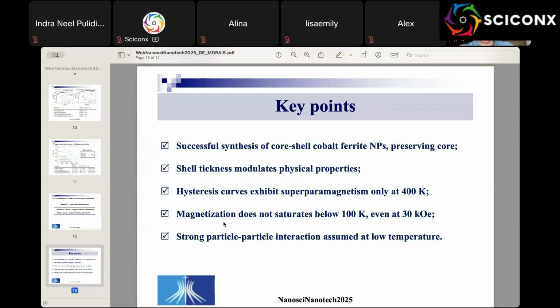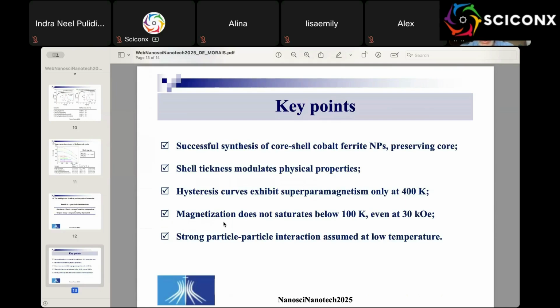However, at 400K, all the samples present superparamagnetism, which is very important for applications that take place at temperatures near 400K, like, for instance, magnetic hyperthermia.